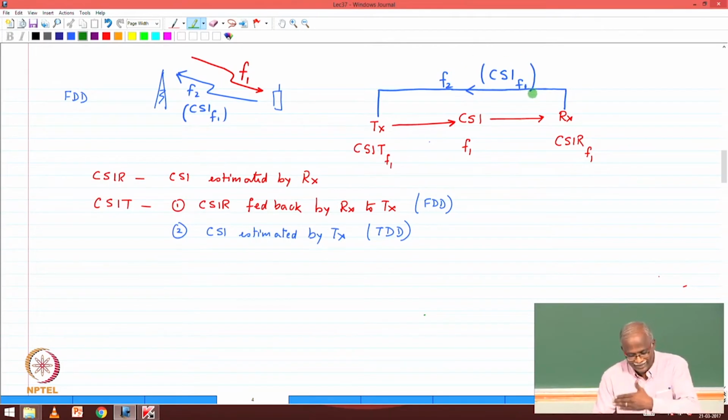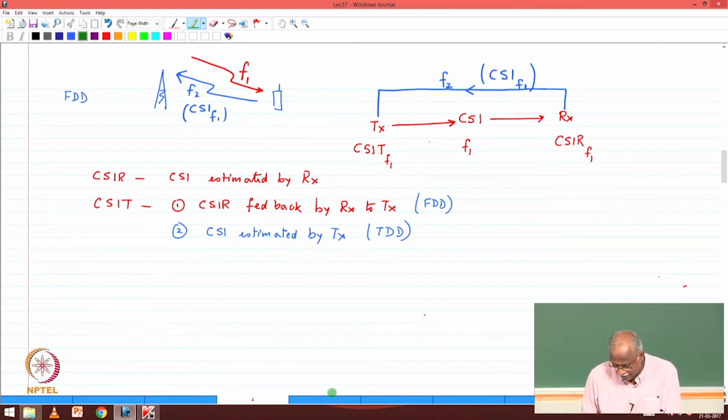So yes, the channel state information pertains to F1, but it is going to the base station on a different frequency, F2. So CSIT basically means that whatever channel response has been measured by the mobile is fed back to the transmitter, and therefore both transmitter and receiver have knowledge of the channel. TDD systems are straightforward, since both uplink and downlink are on the same frequency.